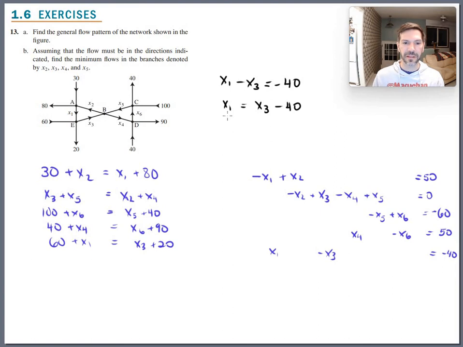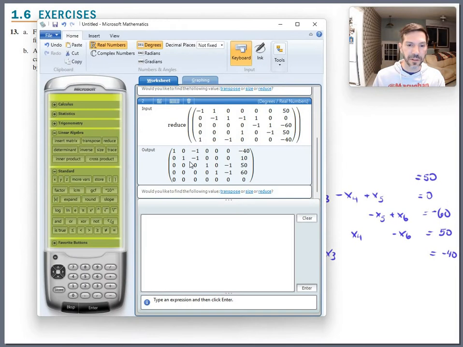Tells us that there's lots of possible answers for x1 based on what we pick for x3. We can do the same thing with all the others. You say x2 is going to be, move this to the other side, x3 plus 10. x4 is going to be x6 plus 50. And x5 is going to be x6 plus 60.